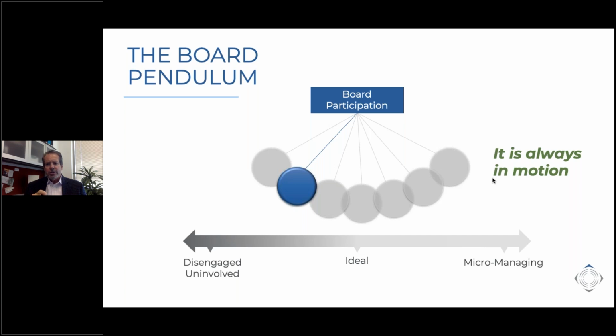In those organizations, we tend to find lots of confusion and turmoil, because you have staff who don't really understand who their boss is, right? If you're the HR director for your organization and you have a boss who is the executive director of the organization, but you also have an HR committee or a personnel committee who may also be giving you direction, you can imagine that there can be confusion.